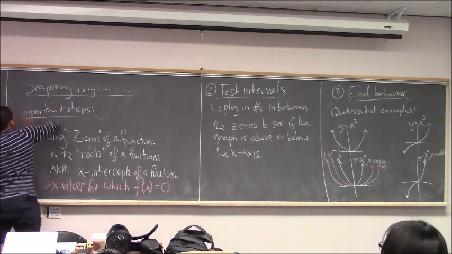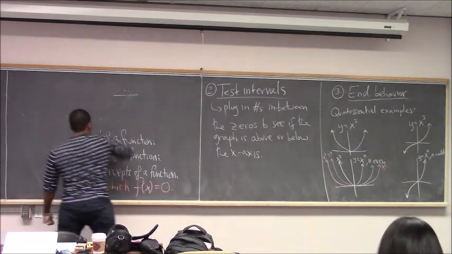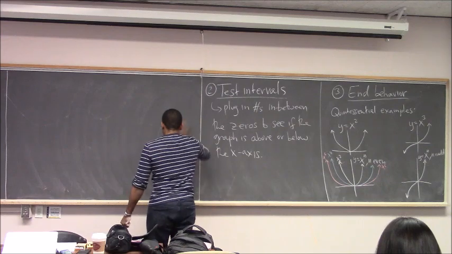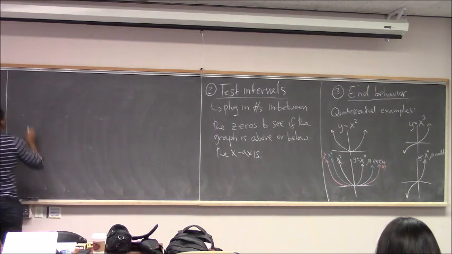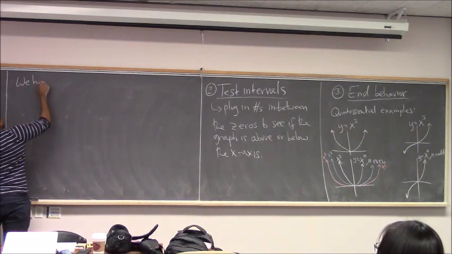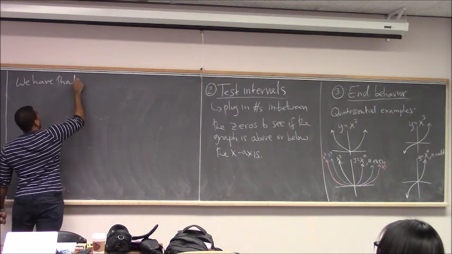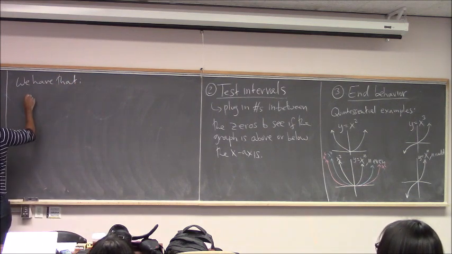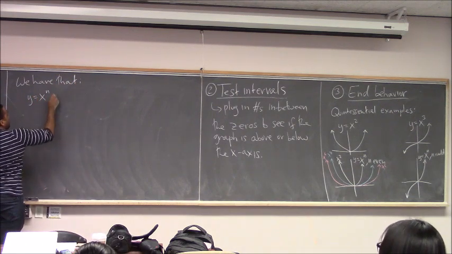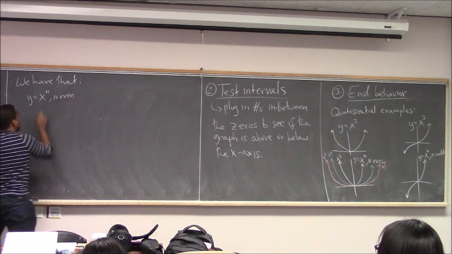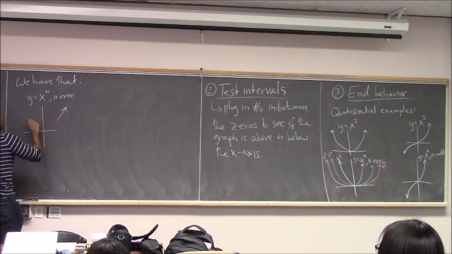And of course, because we know about transformations, we have the following. You have y equals x to the n, n even. Then you expect both sides to go up.